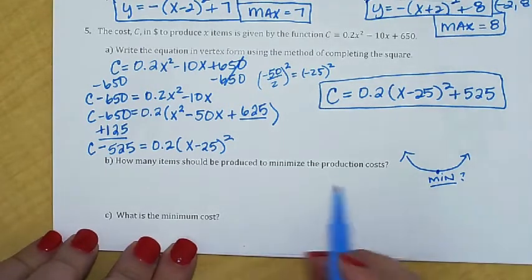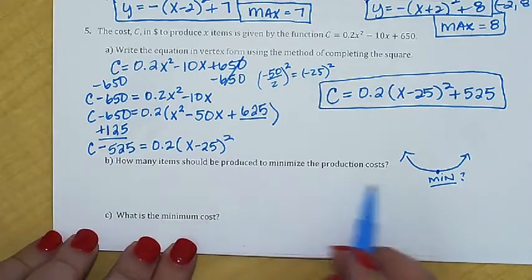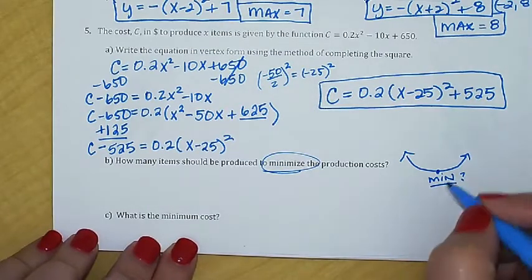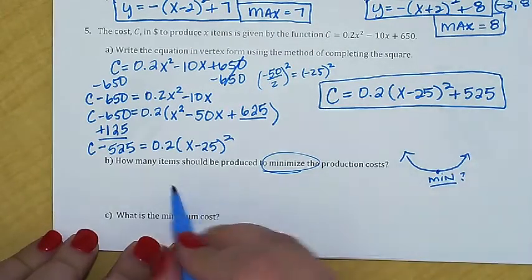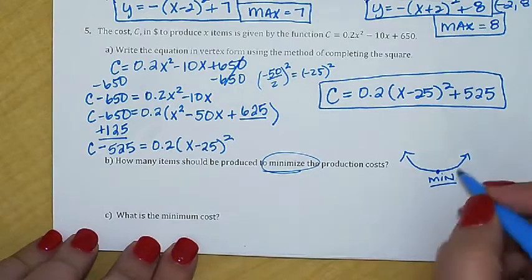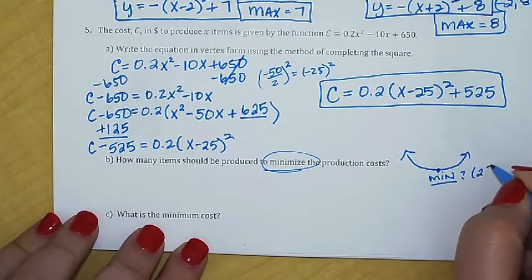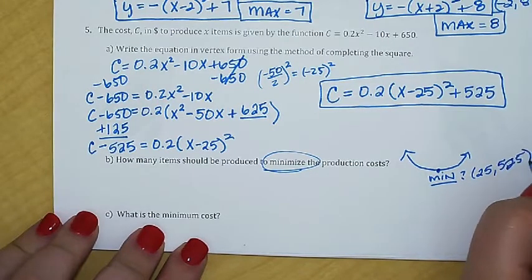What is the minimum cost in this particular relationship, right? So if we want to minimize it, we want to stick to that minimum. And it wants to know how many items, which is our variable, I mean our x. So if we think of this as the vertex, we know our vertex is at (25, 525).